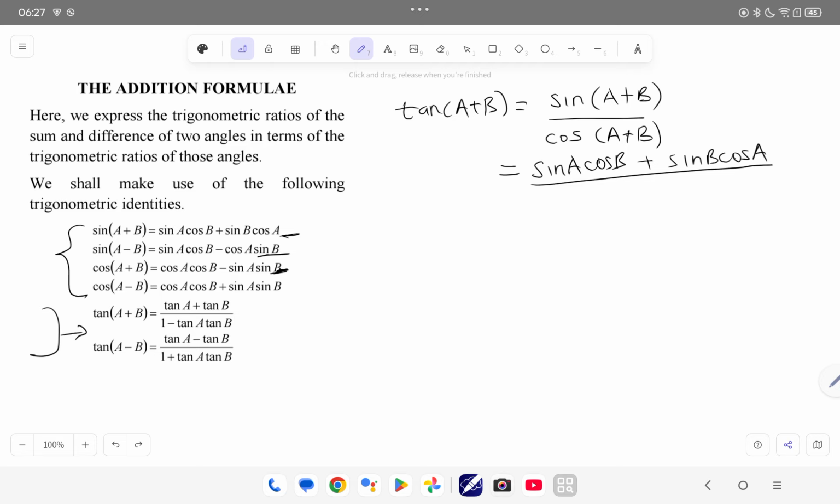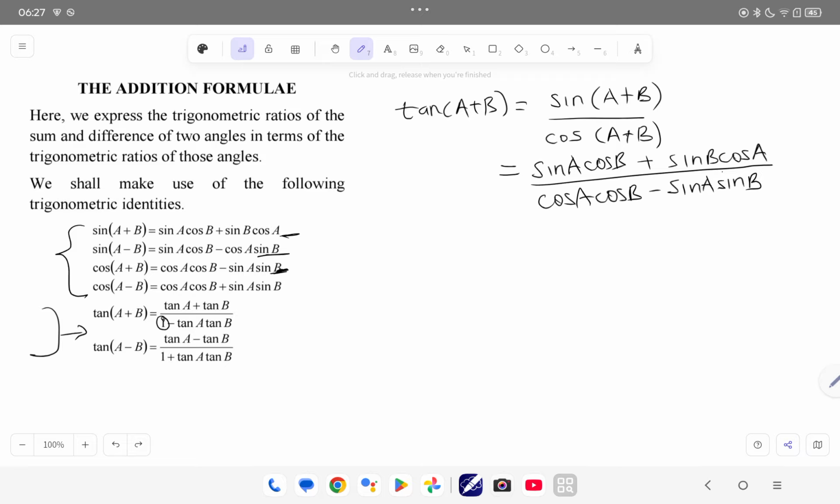So it will be cos A cos B minus sin A sin B.